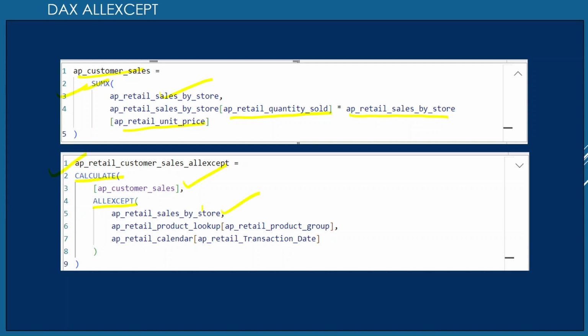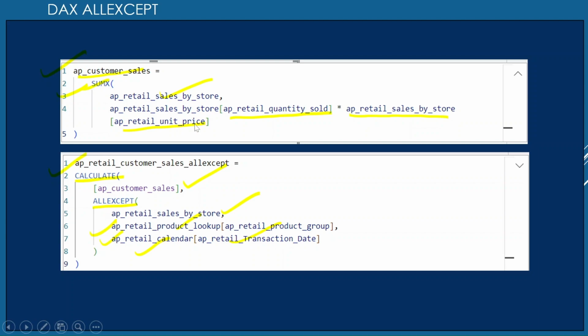First it will remove all the filter context from this table apart from the filter context applied on AP retail product group of the table AP retail product lookup, and the column AP retail transaction date of table AP retail calendar. So let me first create these two measures, then we will move further. AP customer sales has already been created, so I will not create it. I am going to create AP retail customer sales all except.